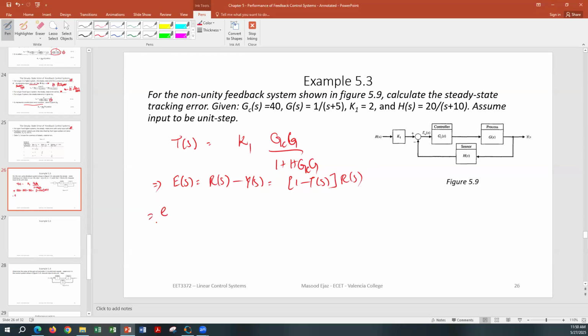And the steady state error for a step input, since it's a step input, can be given by 1 minus T naught, which is 1 minus K1 times GC naught G naught over 1 plus H naught GC naught G naught.